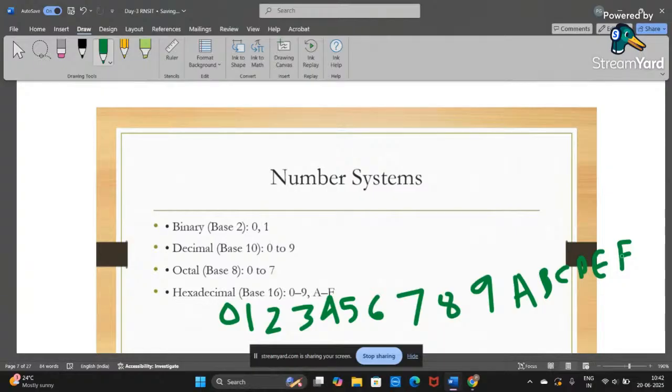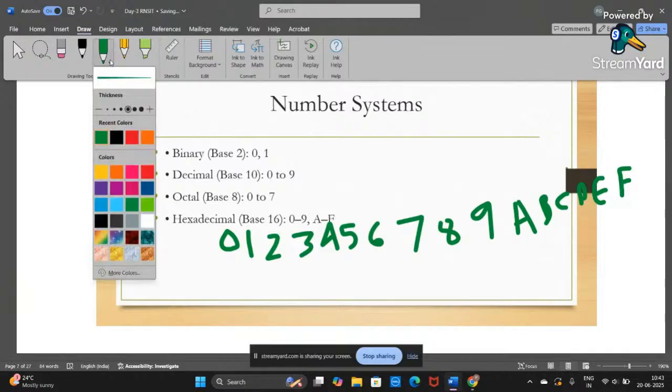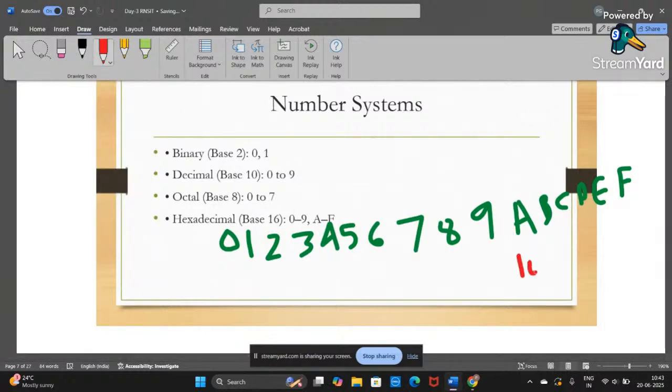Right? Here, after 9, 10 means A. So 11 is B, 12 is C, 13 is D, 14 is E, 15 is F. This is how they have given.